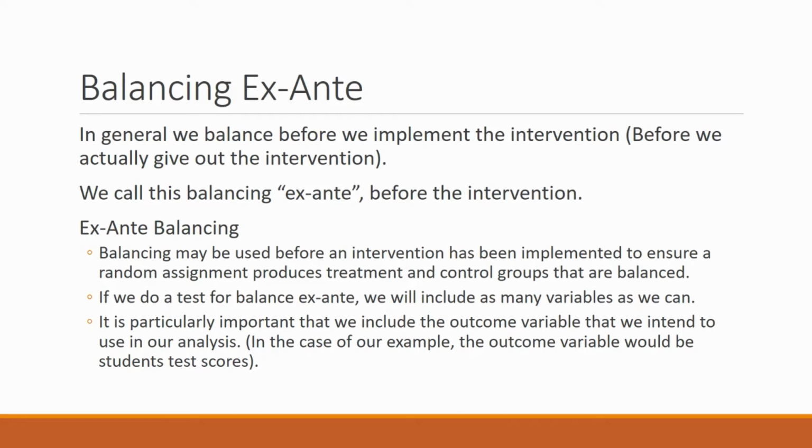We can do it before the intervention has been put into place, so using our example, before we give out textbooks, or we can do it after we've given out textbooks. And it makes a difference, because it is going to have an impact on how we do the balancing test.